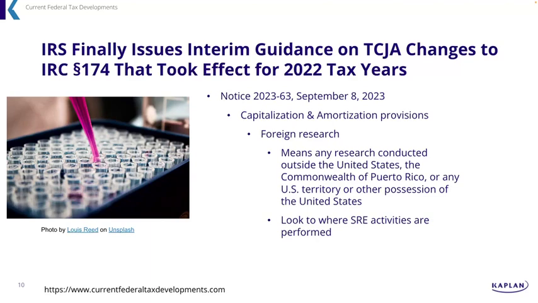So for instance, if you hire a contractor, and we get to contract ones later, and what you're paying that contractor to do some research work for you is going to be considered to be an SRE expenditure on your end, the fact that, let's say, that research is being done in Mexico, that'll make it foreign.